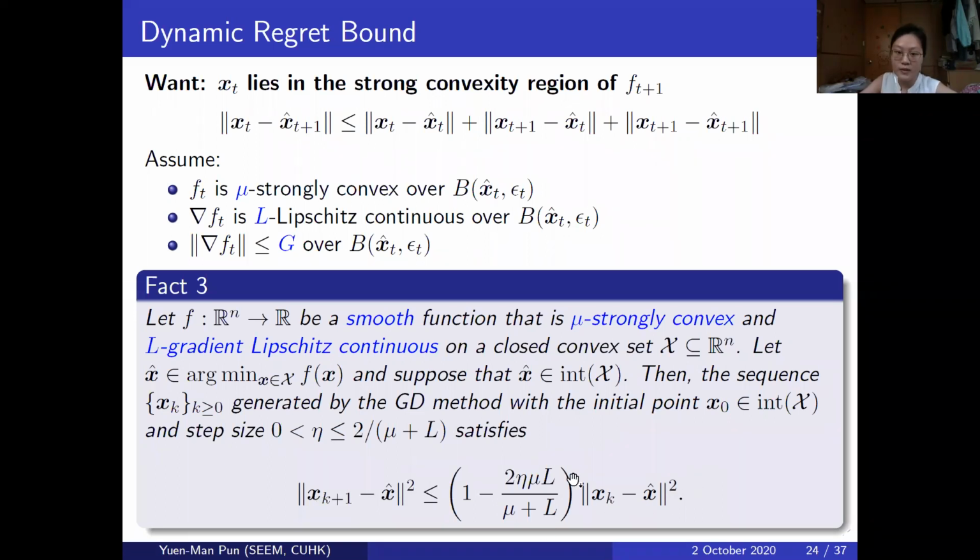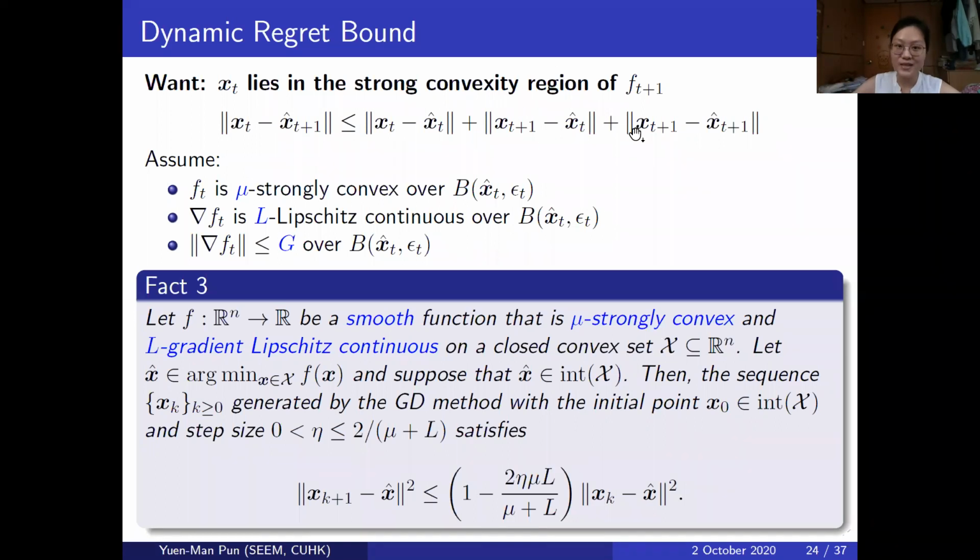Okay, and this constant depends on the step size, mu, the strong convexity parameter, and L, the Lipschitz gradient parameter, and later in our proof we'll denote this as rho.